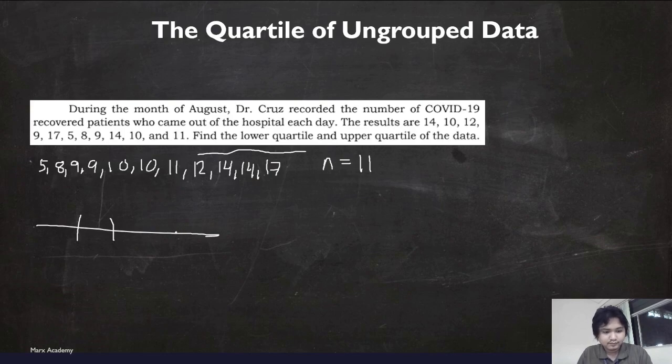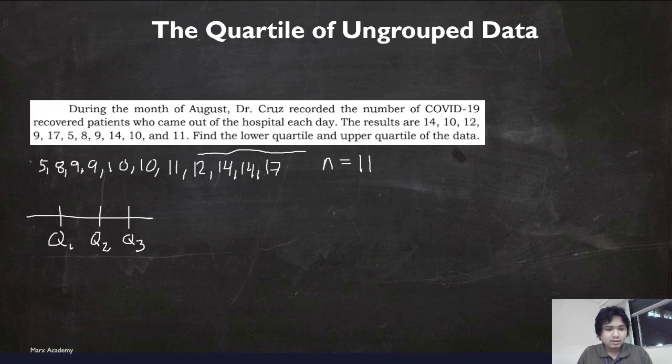The lower quartile is the quarter 1, which is Q sub 1. And the upper quartile is the quarter 3.